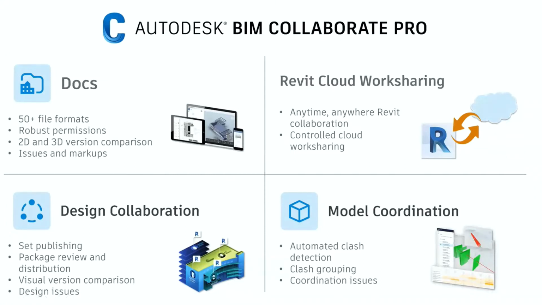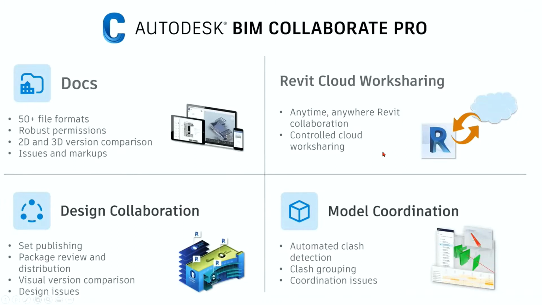And what that lets you do is set up a document management environment, I should say, within the platform, and it accepts around 50 plus file formats, including things like Word or Excel, and STL files. Most common design files, even outside of the Autodesk realm, it will be able to accept. You can set up permissions, do a 2D and 3D version comparison, and also create issues and markups. And again, we'll see a visual example of this when we do the demo.